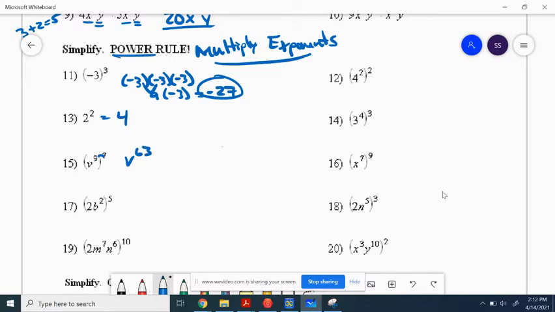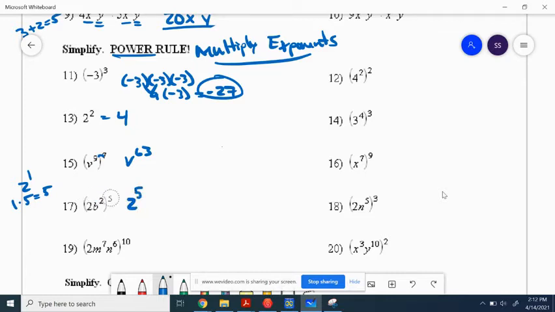All right, now it gets a little tricky here, like 17, when we have multiple things that we have to distribute. So this is really going to be 5 times 1 because the 2 is raised to the first power. We just don't write that 1. So 1 times 5 is 5. So this is going to be 2 to the 5th power.